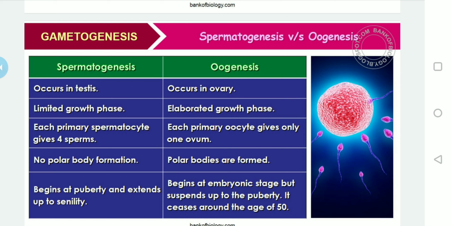But in oogenesis, the spermiogenesis process is absent. Did you get it? So these are all the differences between spermatogenesis and oogenesis. Sometimes they can also ask in the form of differentiate between sperm and ovum. I have given those things in your notes. Please go through it.